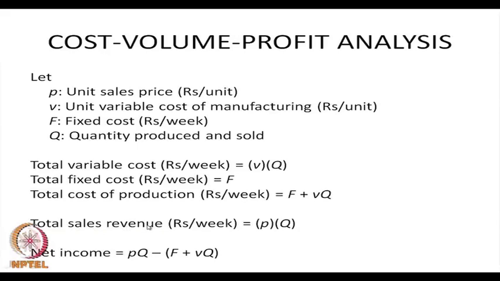The sales revenue is small p multiplied by capital Q. Small p is the unit sales price, and if Q items are produced and sold, the total sales revenue will be p multiplied by Q. Therefore, the net income will be the sales revenue, which is PQ, minus the total cost, which is fixed cost F and total variable cost v into Q. So, F plus v times Q is subtracted from sales revenue.